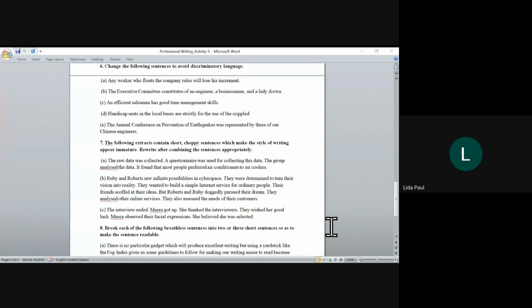Yeah, six sets of sentences. I think they can be reduced to easily three. Any answers?